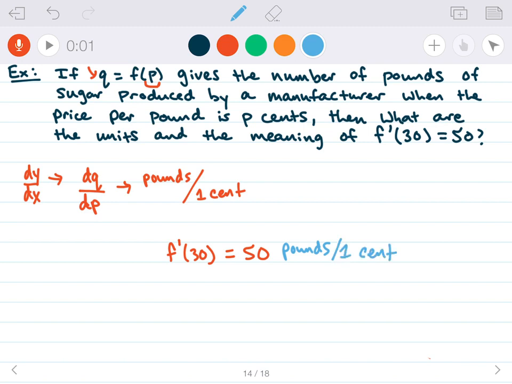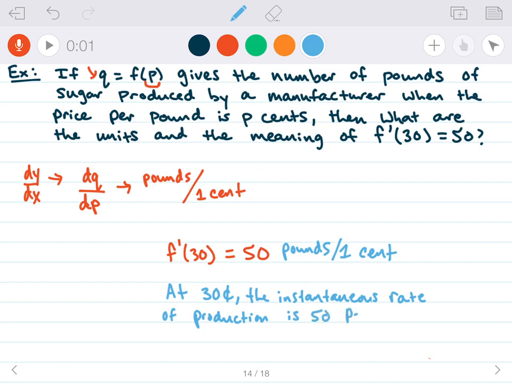So what is the meaning? Well, at 30 cents, the derivative, the instantaneous rate, I think I spelled that wrong, the instantaneous rate of production, perhaps, is 50 pounds per 1 cent.